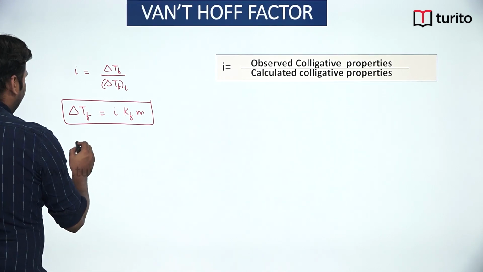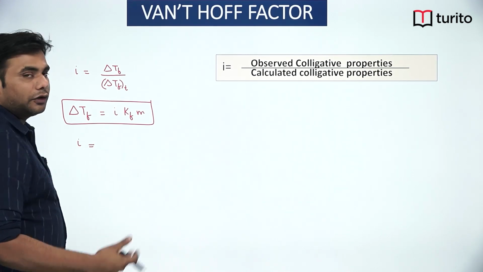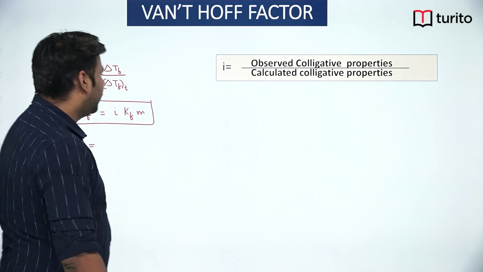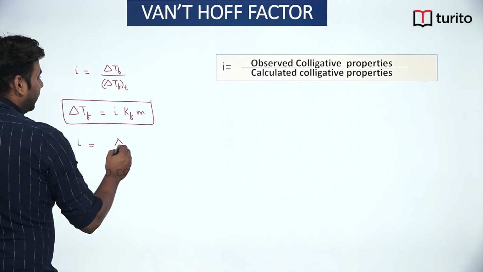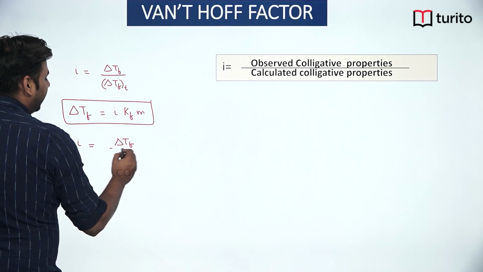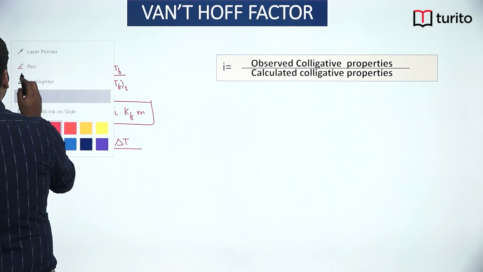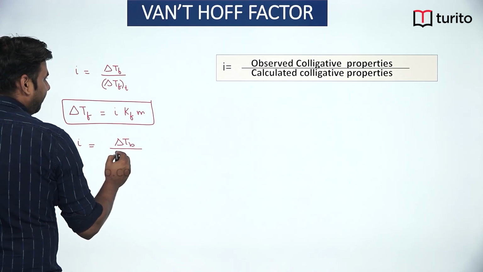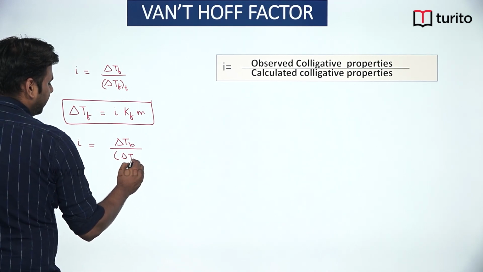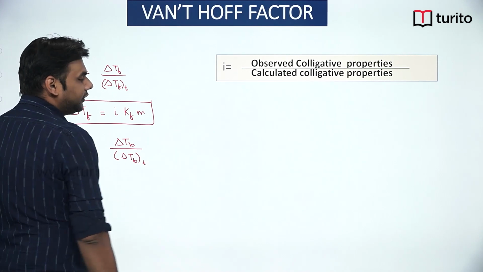Similarly, I can also write i as, another colligative property is elevation in boiling point. So the elevation in boiling point that is observed experimentally, divided by the theoretical elevation in boiling point.